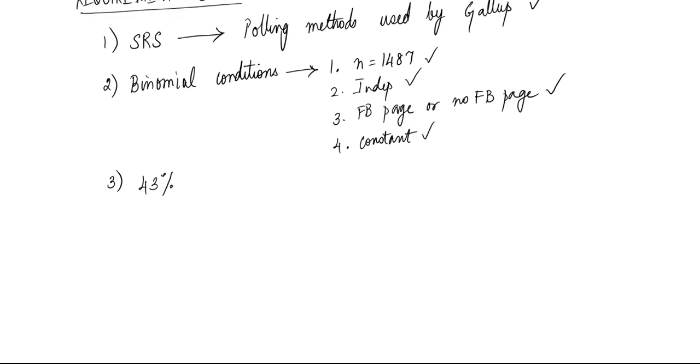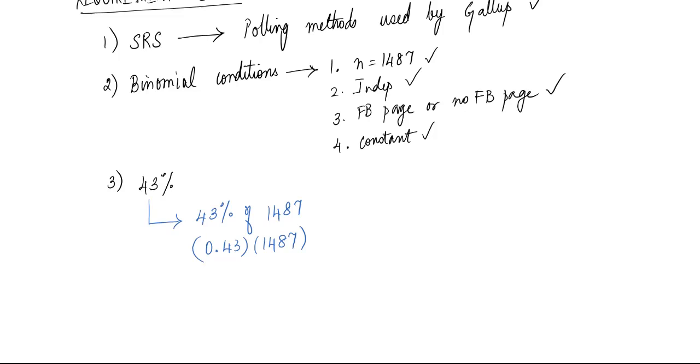This is the percentage of 1487. So do the math there. 0.43 times 1487. I have my calculator beside me.